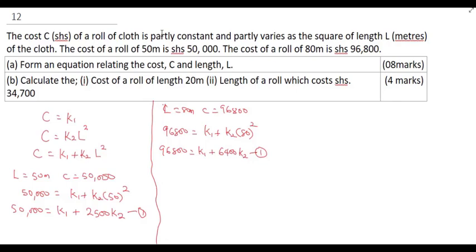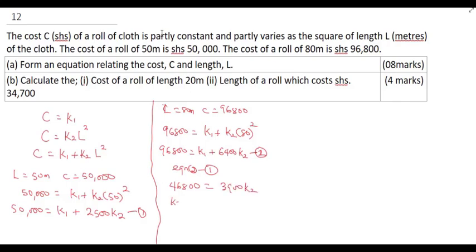Now, okay, so this is supposed to be equation 2. So I'm going to say equation 2 minus 1. Now, this is our 2 and this is our 1. So for us to do equation 2 minus 1, 96,800 minus 50,000 is going to give us 46,800. K1 minus K1 is 0. 6400 K2 minus 2500 K2 is going to give us 3,900 K2.